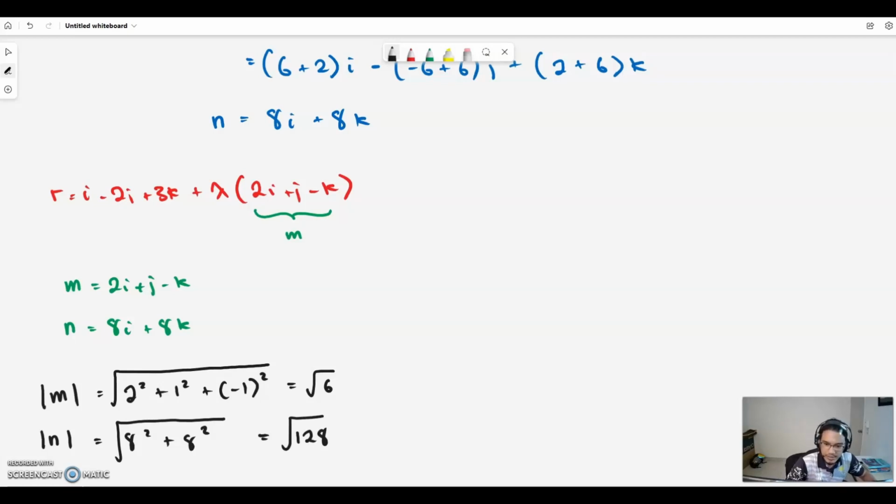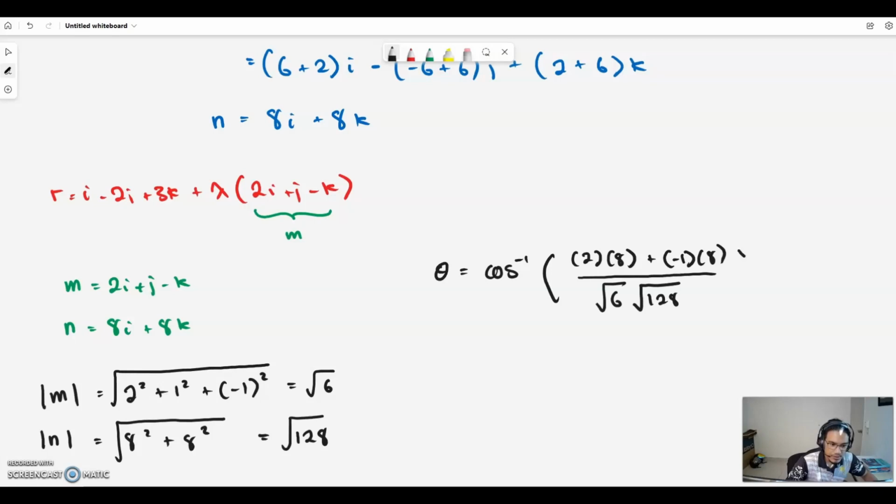So the angle between m and n is theta equals cosine inverse of the dot product between m and n, that is 2 times 8 plus negative 1 times 8, over square root of 6 and square root of 128.